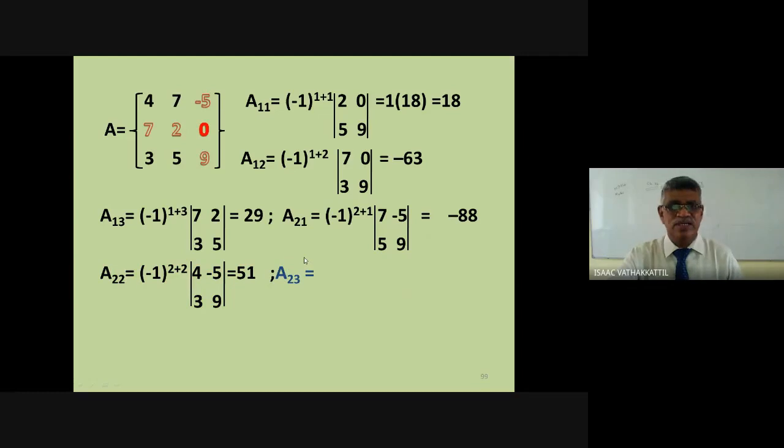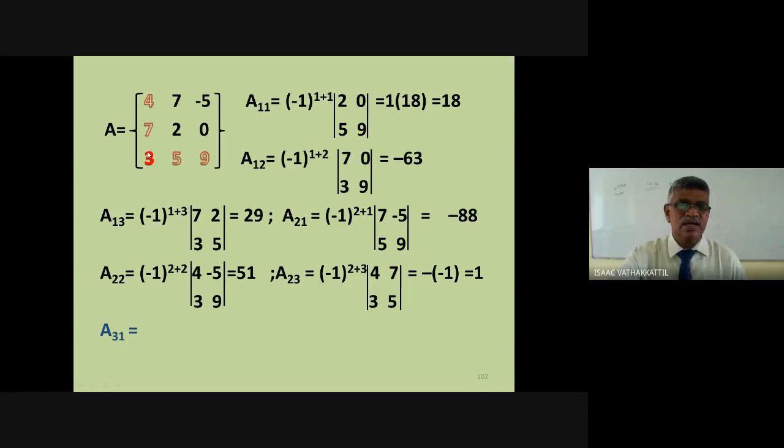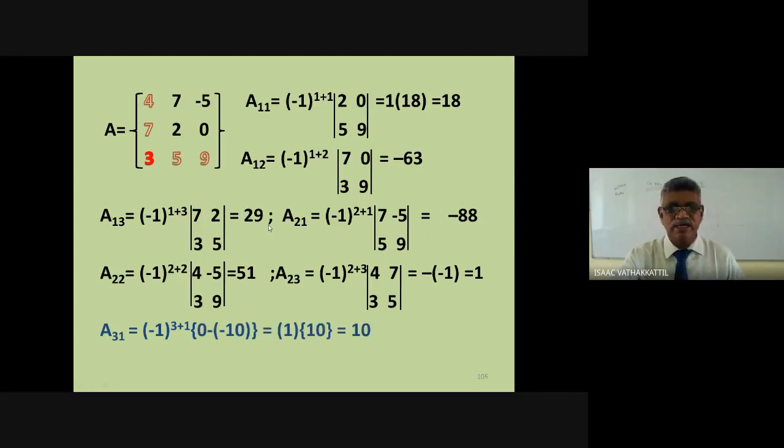A23, you can easily calculate, I can skip that, you know how to calculate A23. Further, we have A31, third row, first element. Remove the column and row containing 3, that will be minus 1 raised to 3 plus 1 into 0 minus 10, that will be 10.